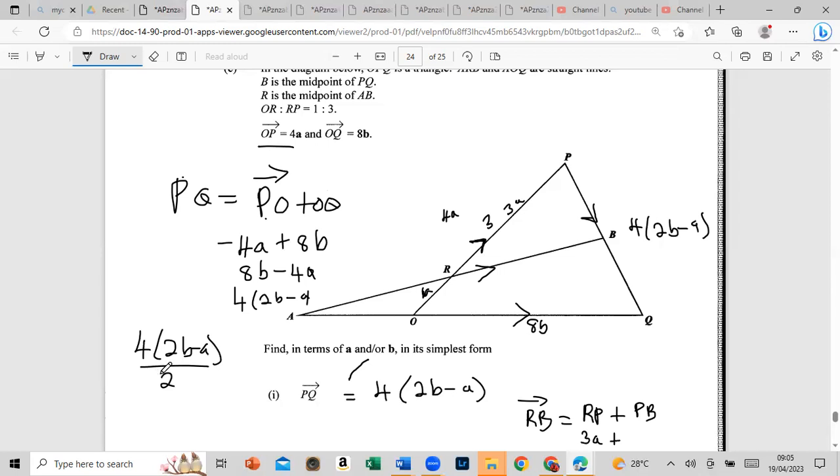So I'm going to say 2 into this one, 2 into this. So it's going to be 4b minus 2a. That's half of this, right? And it makes sense because we had 8 and 4, so half of that will be 4b and 2a.